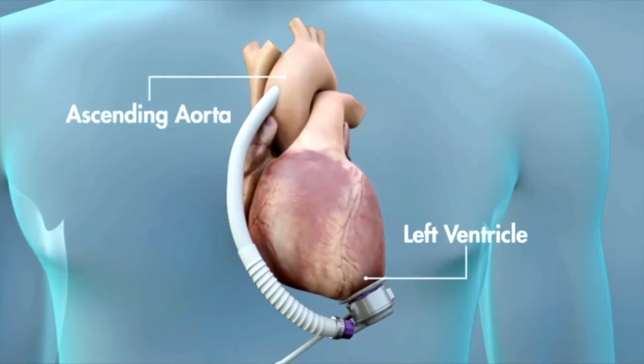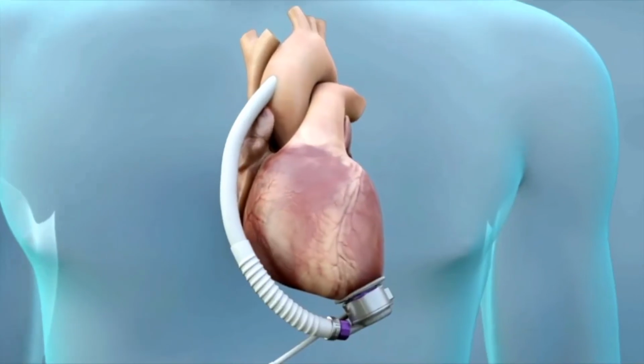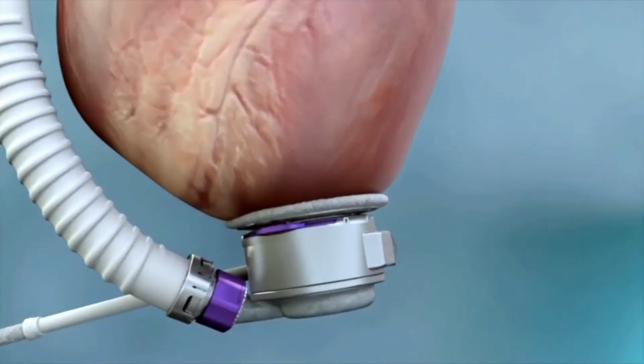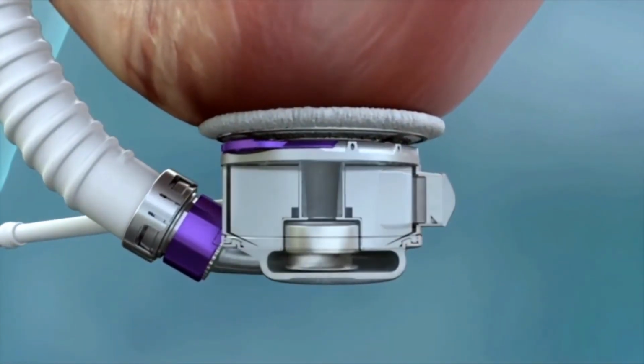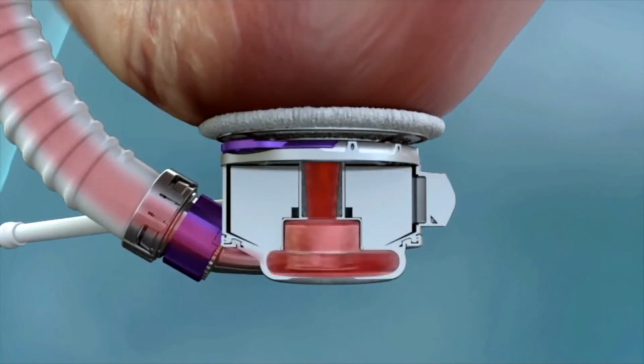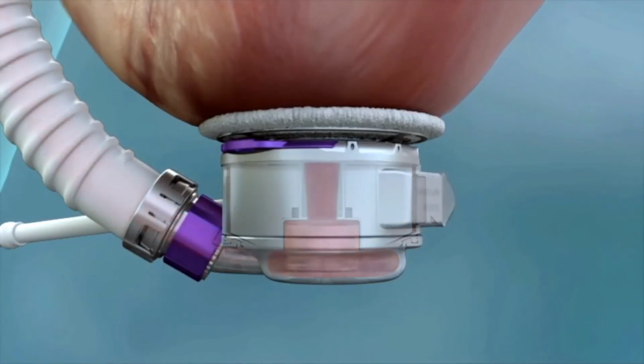The pump helps your heart by taking over the work of your left ventricle and pumping oxygen-rich blood to the body. The pump is made mostly of titanium. A small electric motor inside the HeartMate 3 drives the pump, providing blood flow similar to a healthy heart. Although the HeartMate 3 LVAD is virtually silent, it is normal to sometimes feel the pump working.